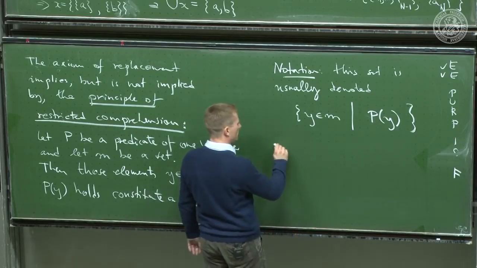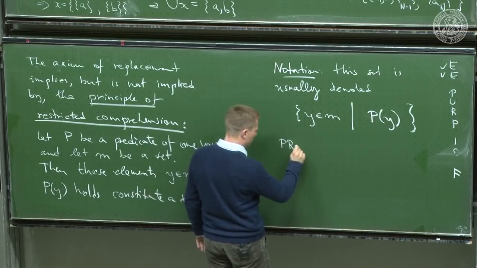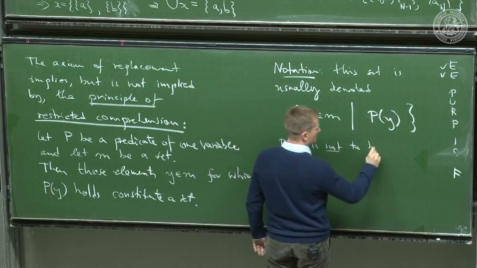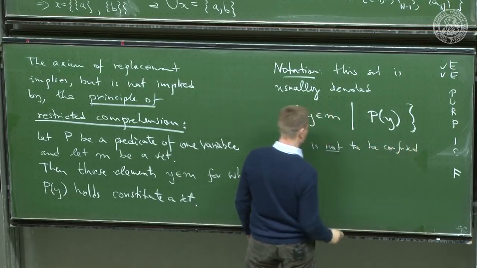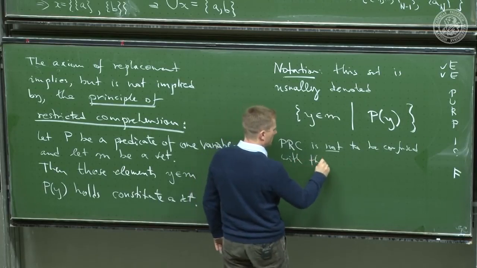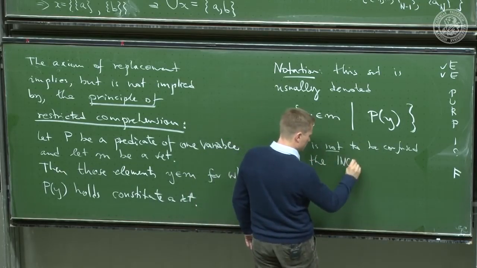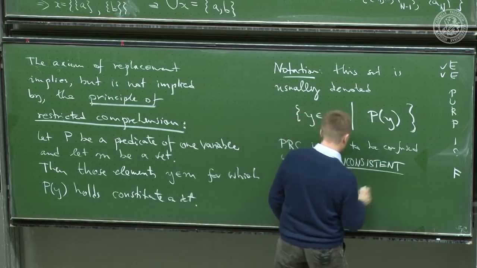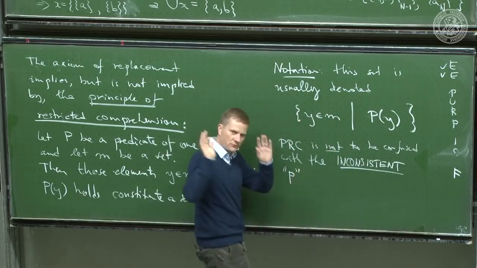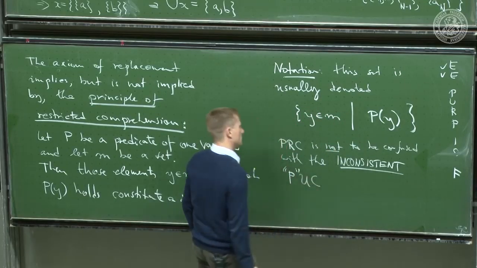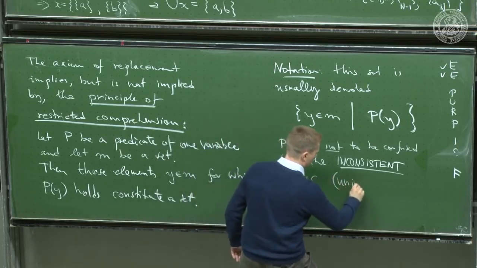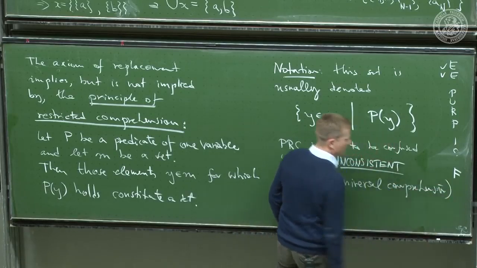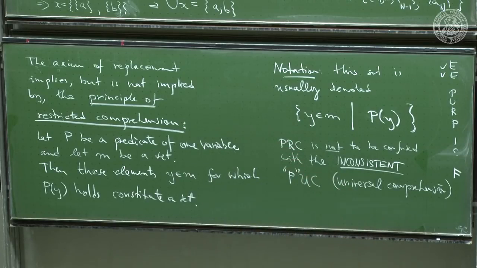So, not to be confused, the principle of restricted comprehension is not to be confused with the inconsistent principle of universal comprehension, which Mr. Russell had his problems with.